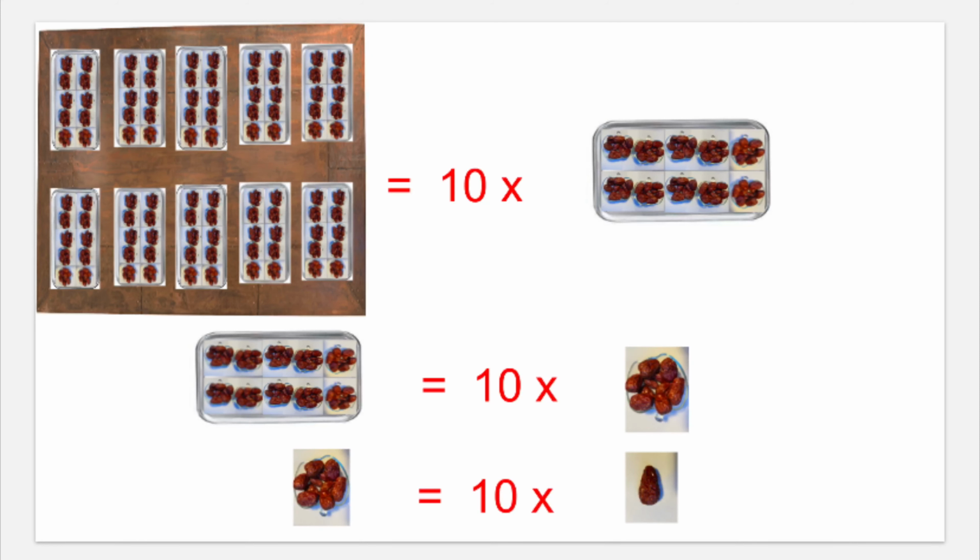The 10 trays in a table show the thousands. So tables are 1,000, trays are hundreds, balls are tens, and dates on the ground are ones.